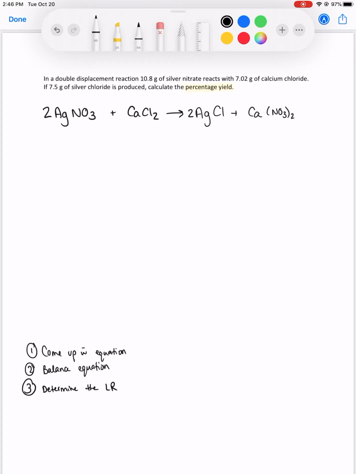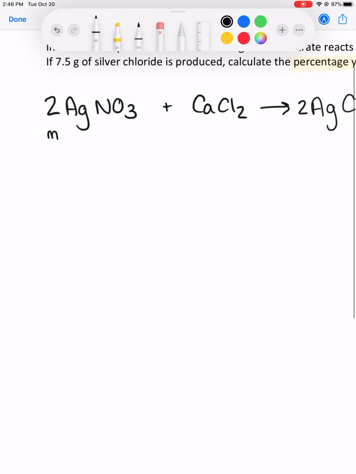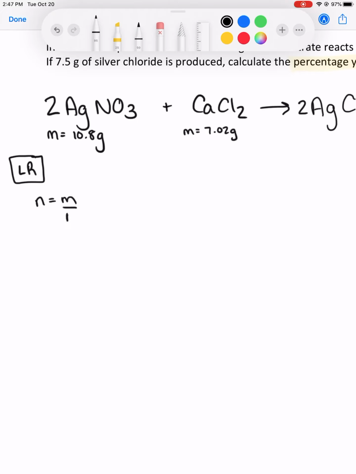So I have 10.8 grams of that, and I have 7.02 grams of that. So I have to do the limiting reagent. Okay. So I'm going to do, for AgNO3, I have to find the molar mass of AgNO3.